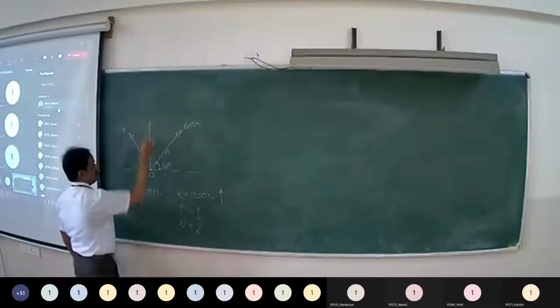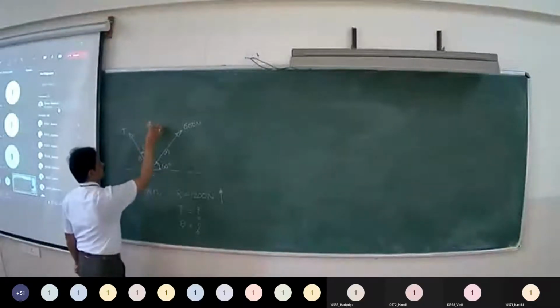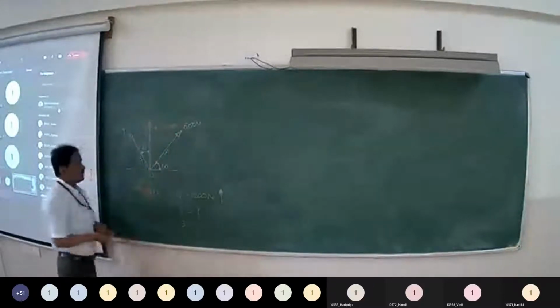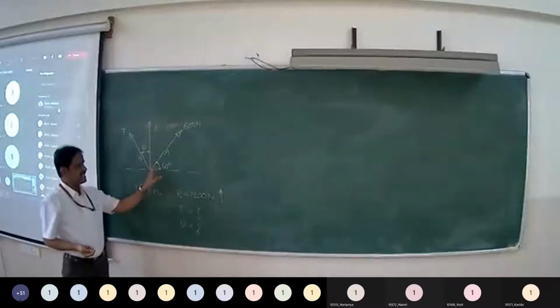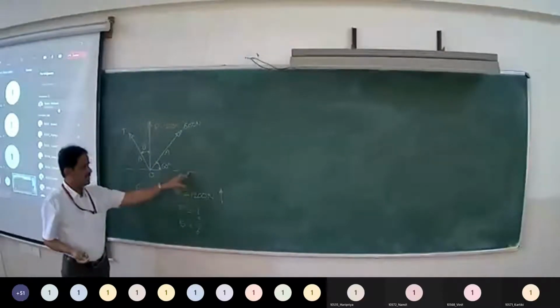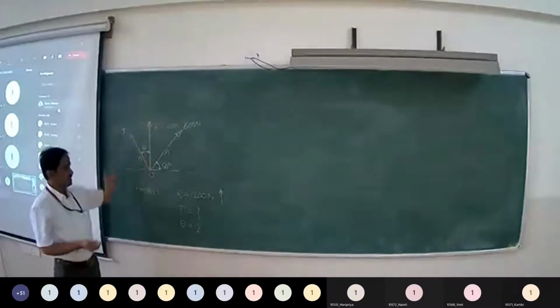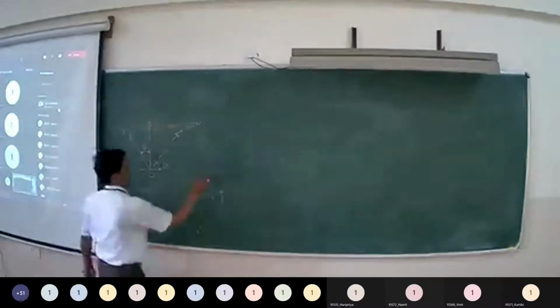So the resultant of these two forces is vertical. The 600 is making an angle 60 degrees with respect to horizontal, whereas T is making an angle theta with vertical.